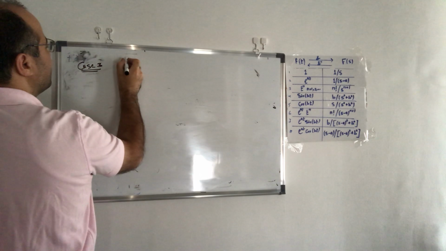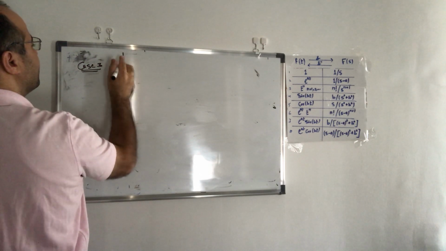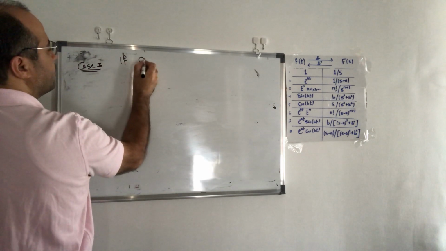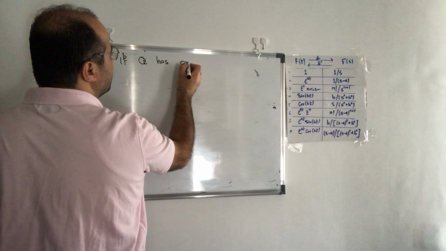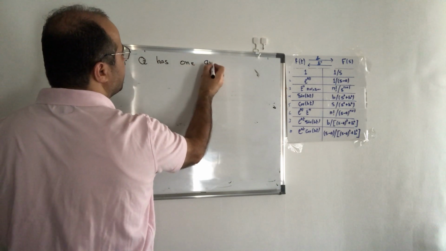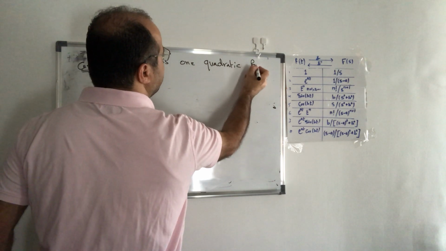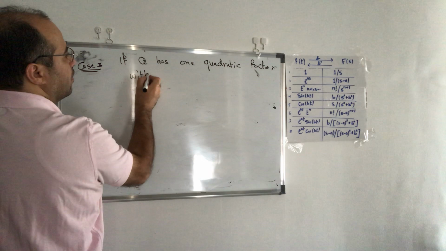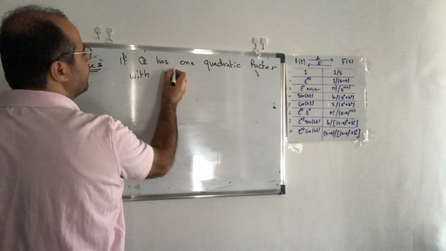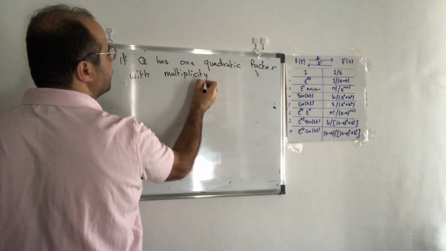if you have P over Q, if Q has one quadratic factor with multiplicity 1.